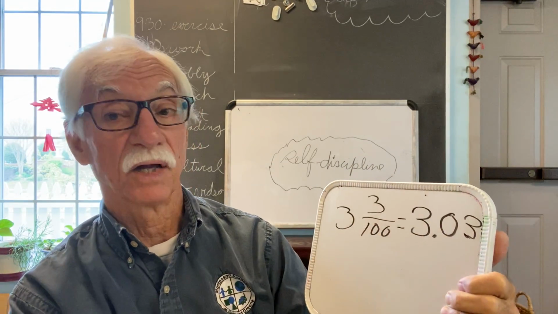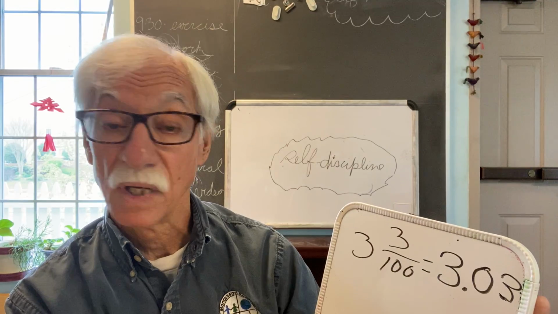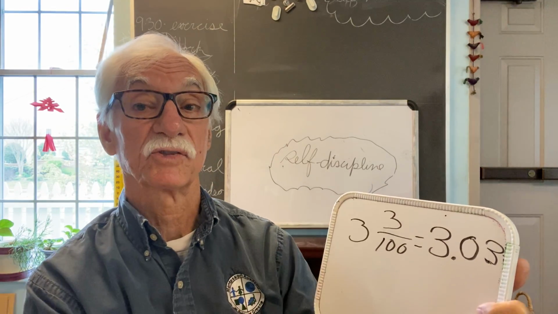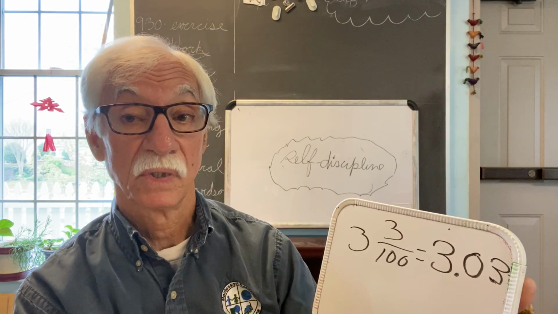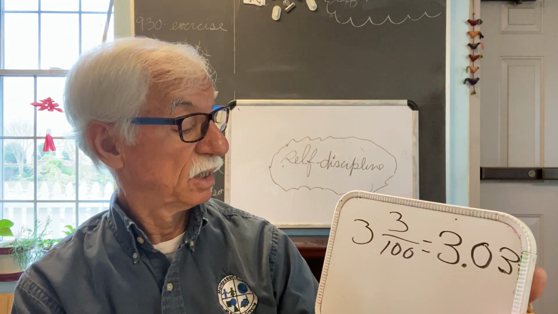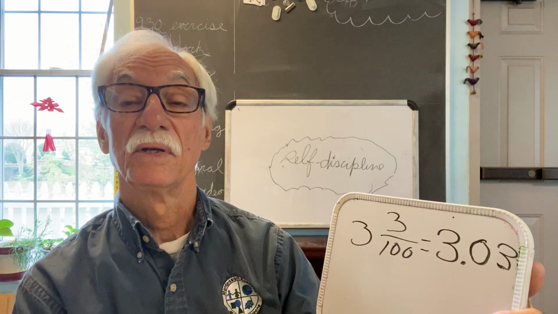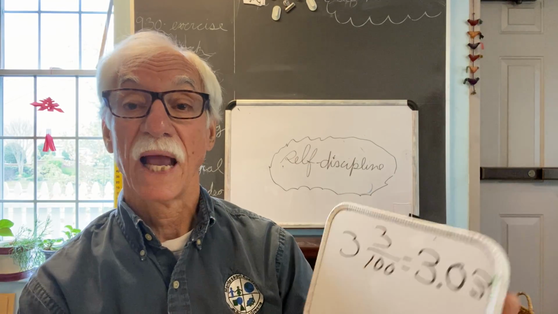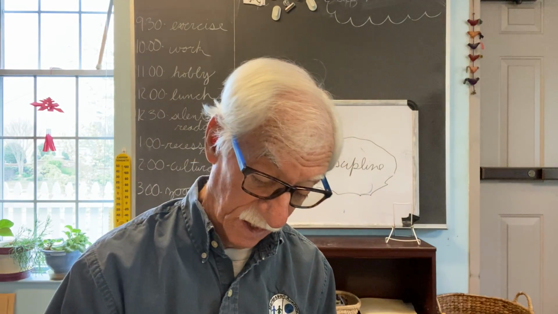It's the same. Number fractions are decimal fractions written with a decimal. Decimal fractions can be written as mixed number fractions. And that's what we're going to do in these exercises today.